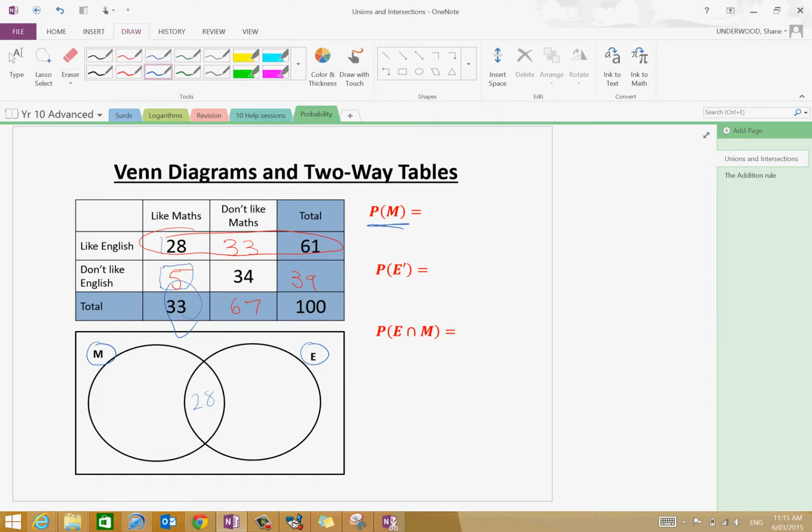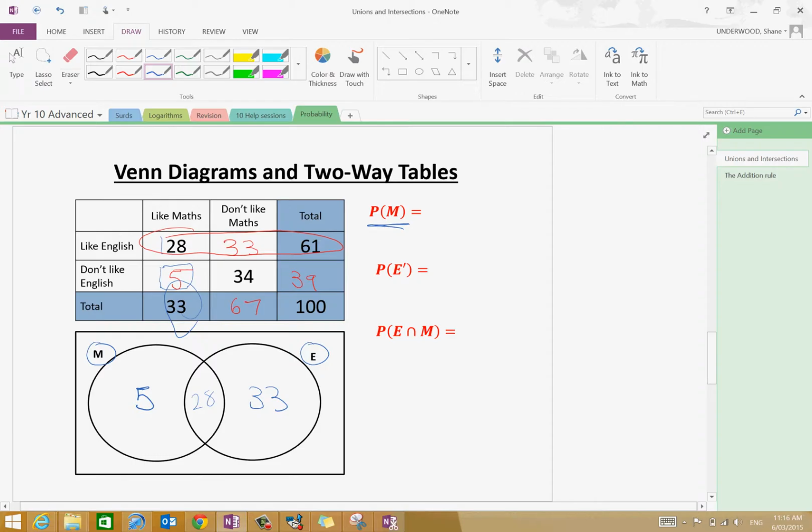First of all, let's fill out our Venn diagram. 28 like maths, but they also like English. And 5 don't like English. So we've got 5 in here. Let's fill it out. What about English? Those people that like English, but they do not like maths. There's 33. Okay?